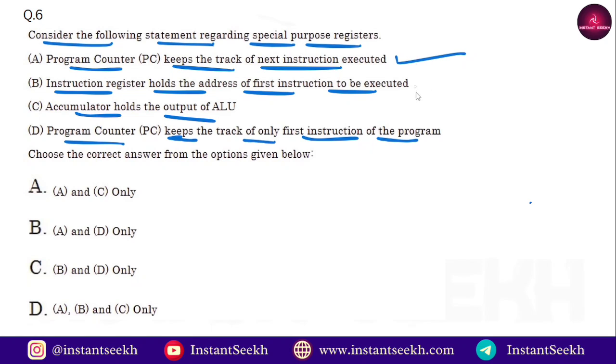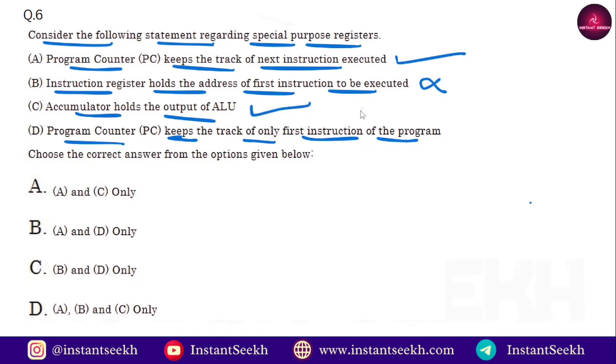Next, instruction register holds the address of first instruction to be executed. This is wrong. Basically, it holds the current instruction being executed, not the first.